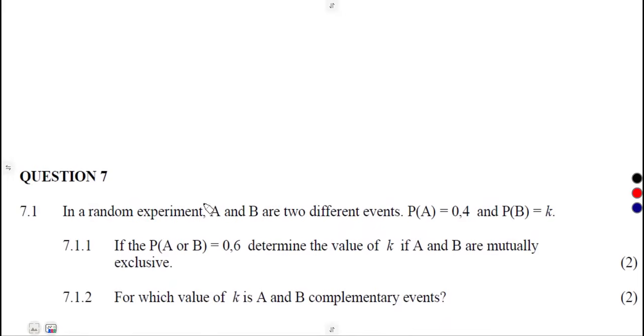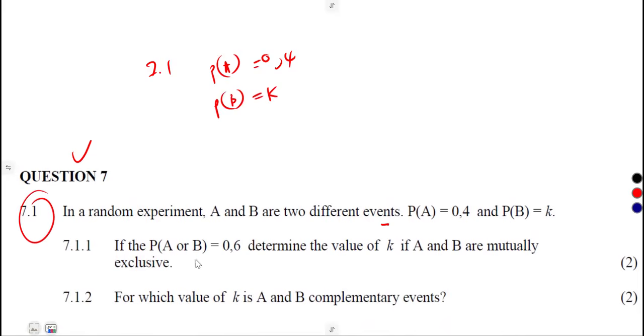All right. Question 7.1. In a random experiment, A and B are two different events. Probability of A is 0.4. Probability of B is K. The probability of A or B is 0.6. 7.1.1, determine the value of K if A and B are mutually exclusive.